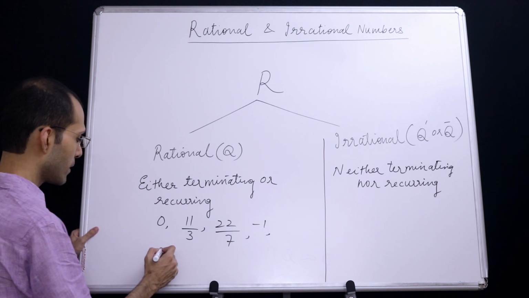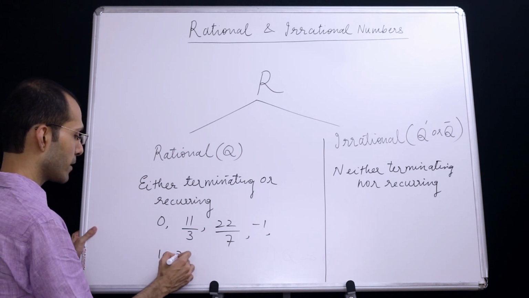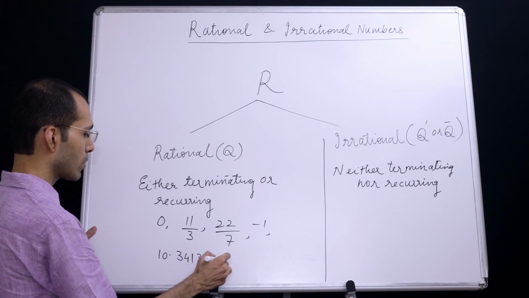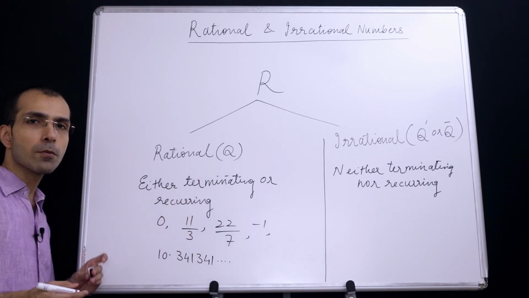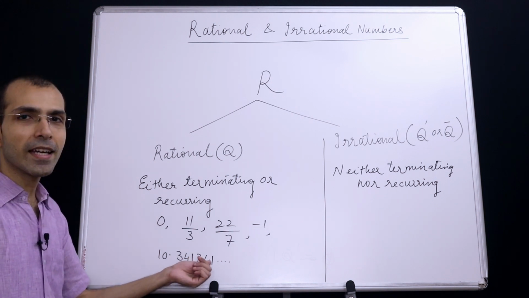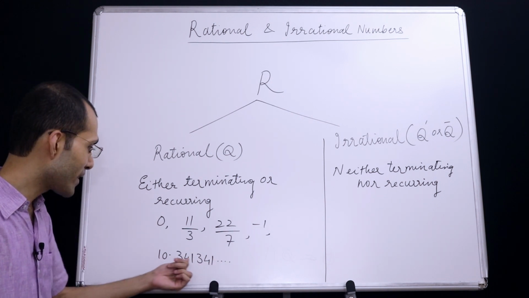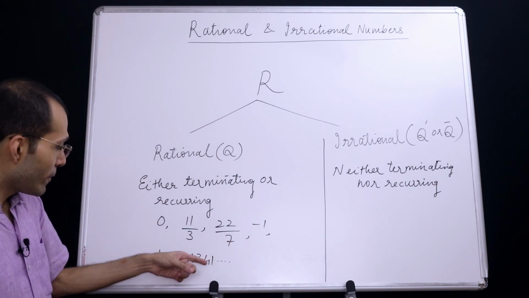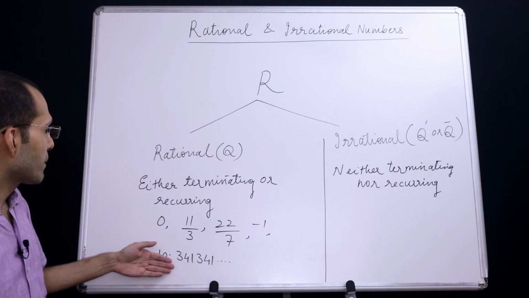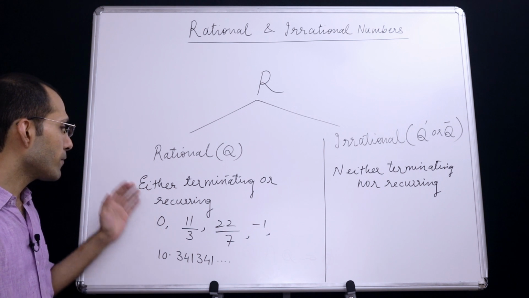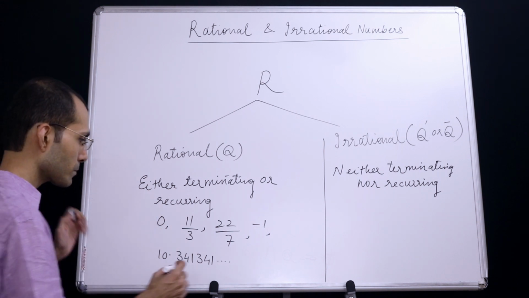Then something like 10.341341... This also would be a rational number. Okay, because 341 and then... That means this pattern is now recurring because we have already written it twice and then we have put ... So this becomes a category of recurring. So these are all examples of rational numbers.